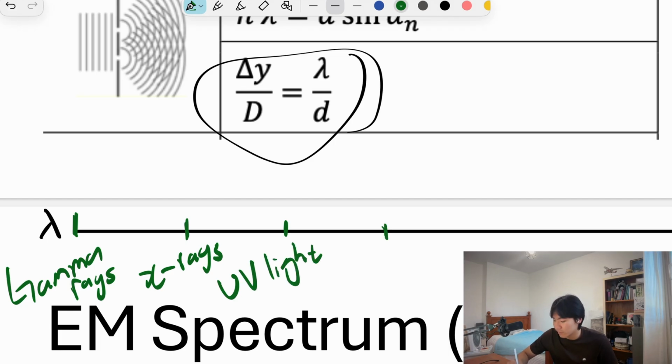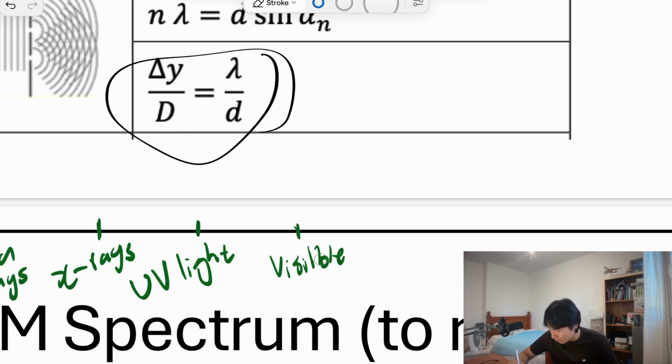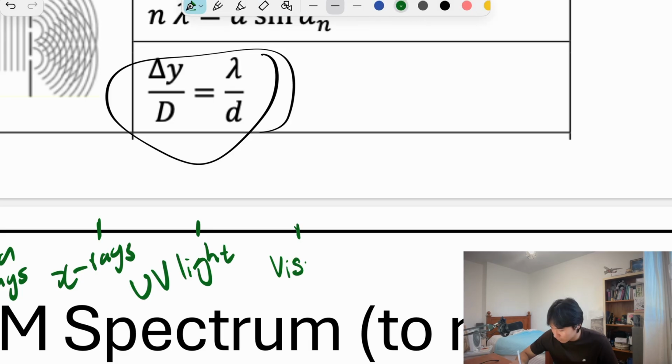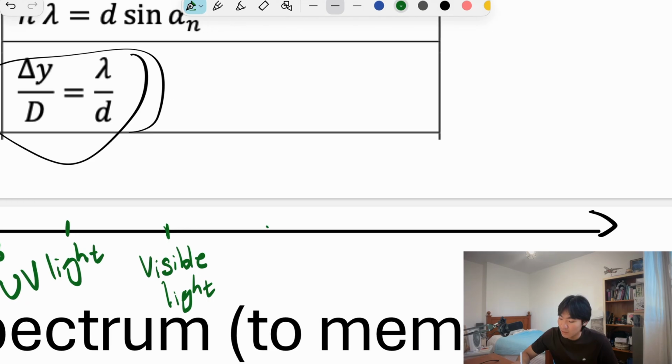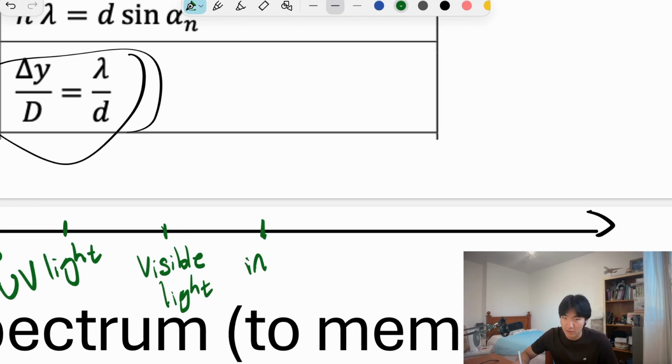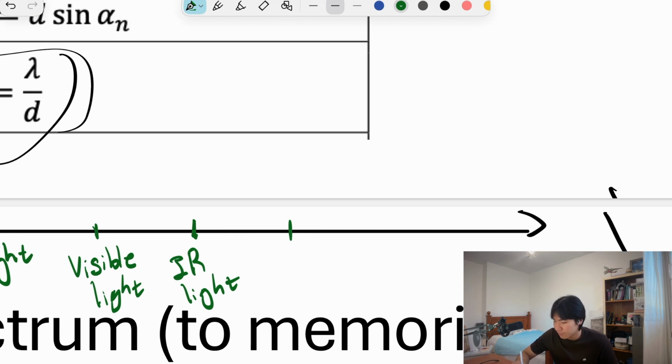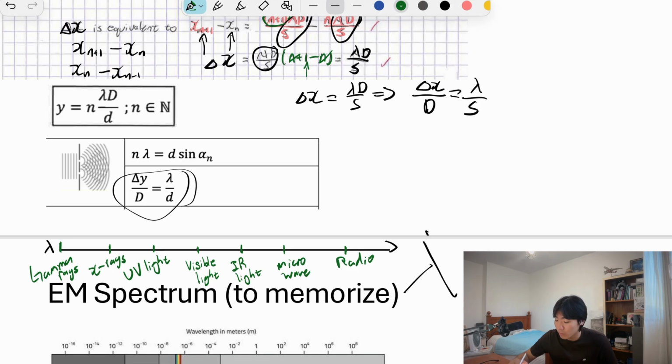And then there's visible light. And then there is infrared light, or IR light. And after IR, there is microwave. And then the longest one is radio waves, right? And this is the order we should know.